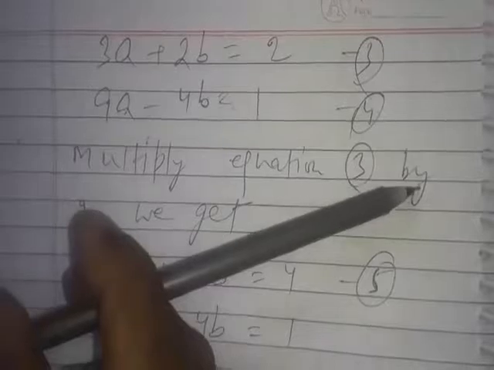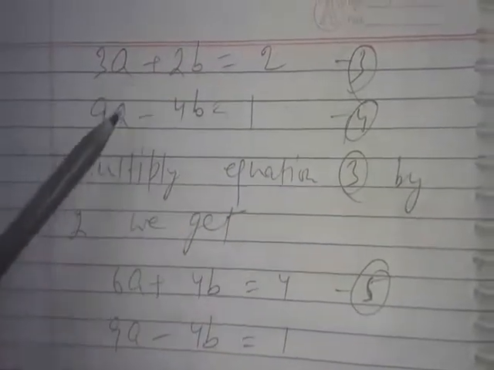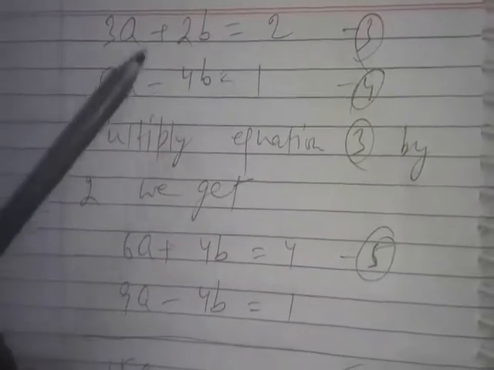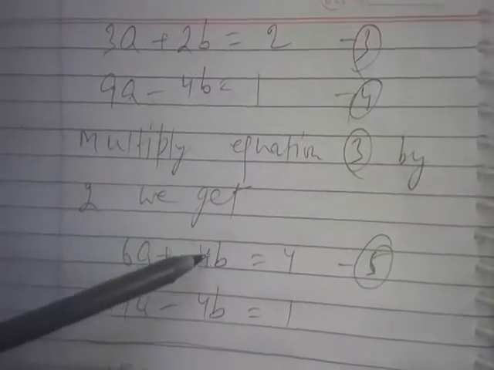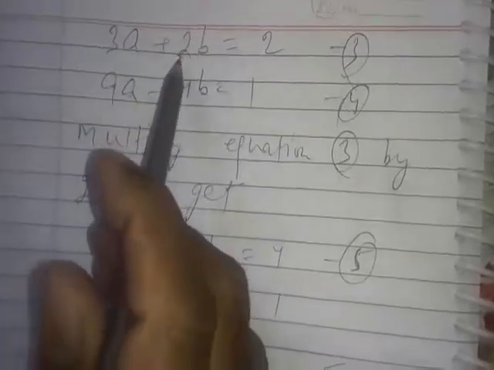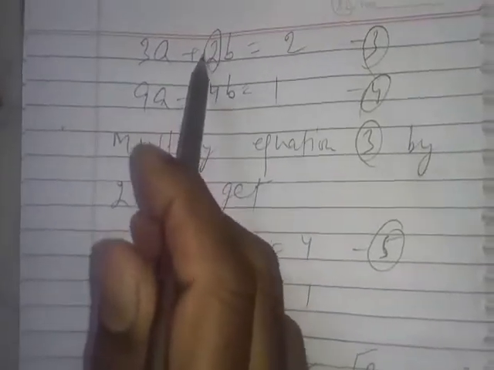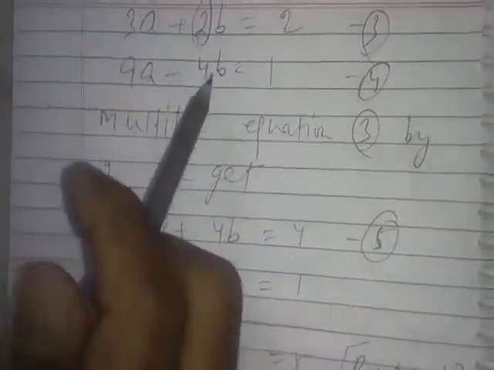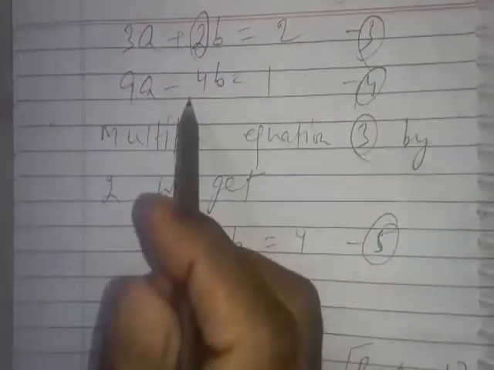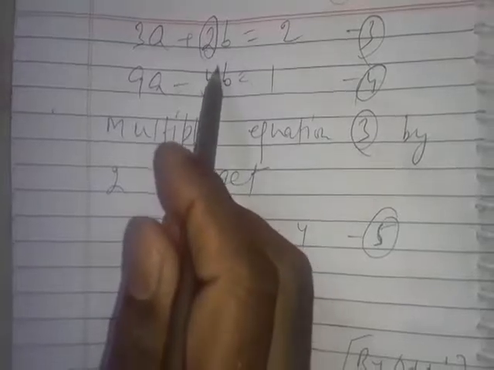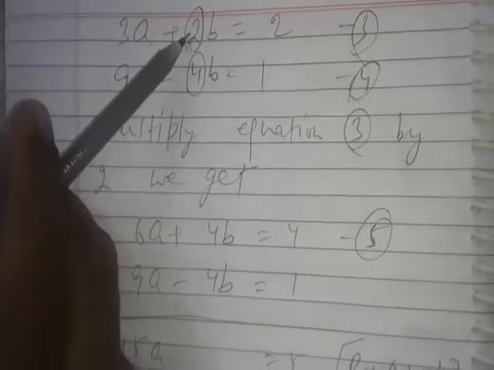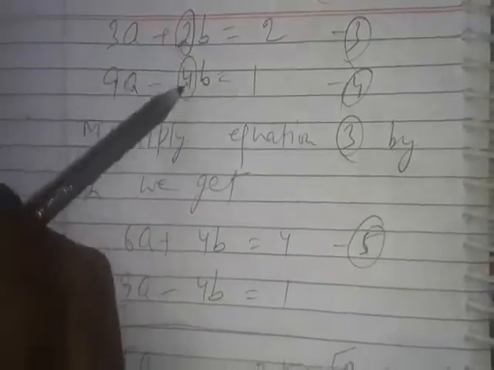We see that when we multiply equation number 3 by 2, then 3a will become 6a, 2b will become 4b, and 2 will become 4. Now we observe that in equation number 3, the numerical coefficient of variable b was 2, while in equation number 4, the numerical coefficient of variable b was 4. So we have multiplied 2 by 2 to make these two equal to each other.